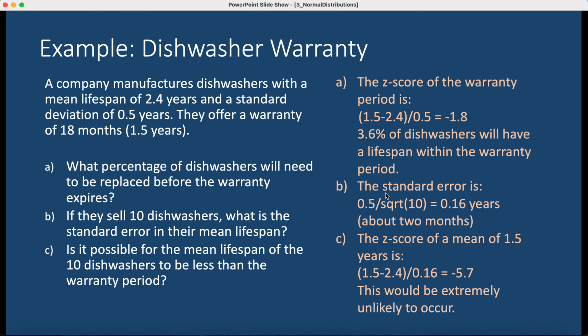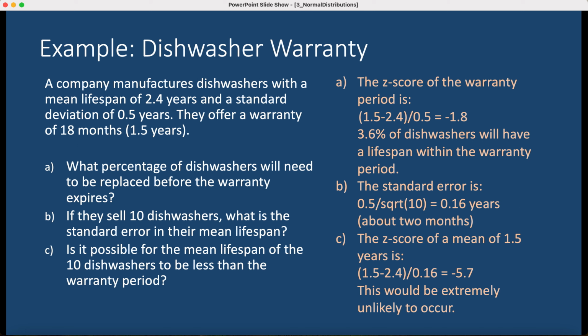Okay. So here I think the concepts are more difficult than the actual math. The math is pretty straightforward. You take the standard deviation, you divide by the square root of the sample size. So 0.5 is the standard deviation, 10 is the sample size, 0.5 over the square root of 10 is 0.16 years. It's what it means that's usually a little more challenging to really wrap your mind around.